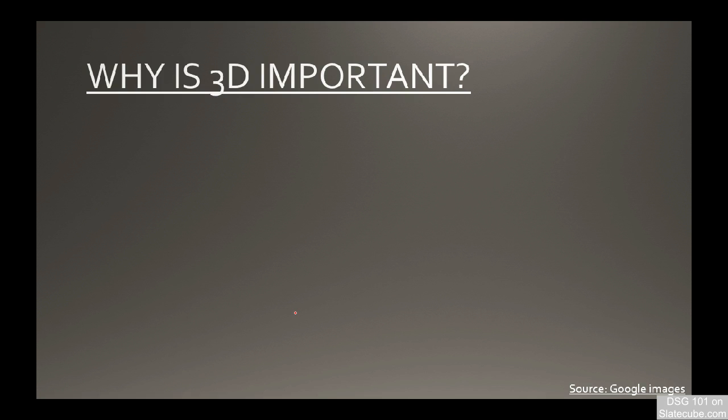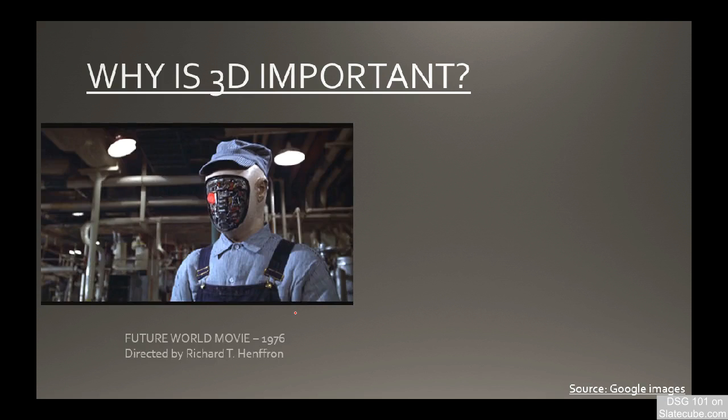For example, let me pick some movies I've watched. Futureworld, the movie directed by Richard T. Heffron in 1976. This was the very first movie to use 3D computer graphics, where they changed the face of a human to that of a machine, and people were going crazy over this.